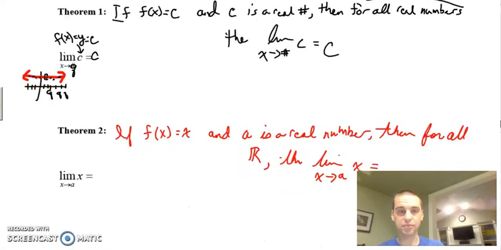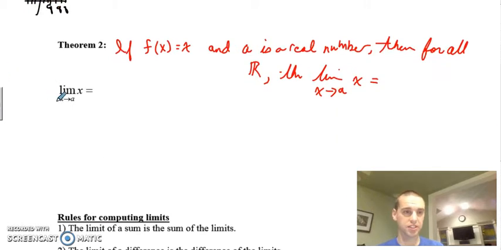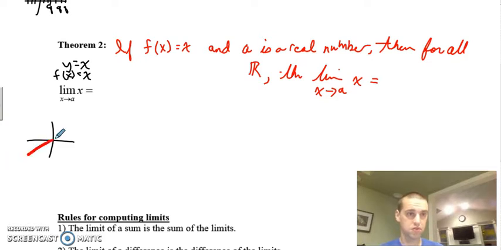The next theorem that we're going to use is the limit as x approaches a of the function x. So we're saying f of x equals x. We know that's another way of saying y equals x. Well, if we graph y equals x, then we know that at any value of a here, that's a, what better that y value be?